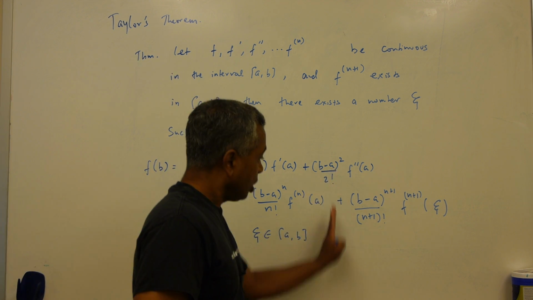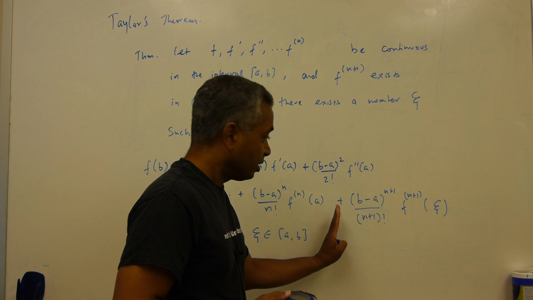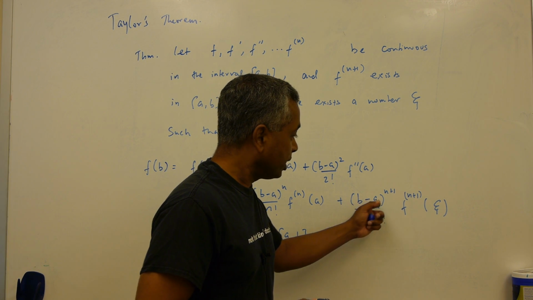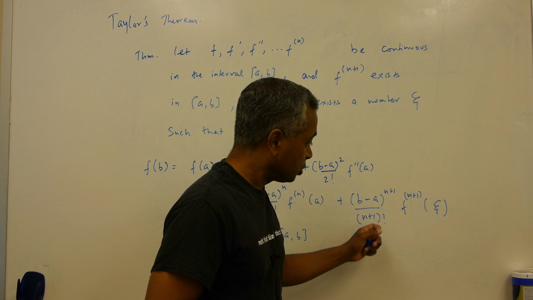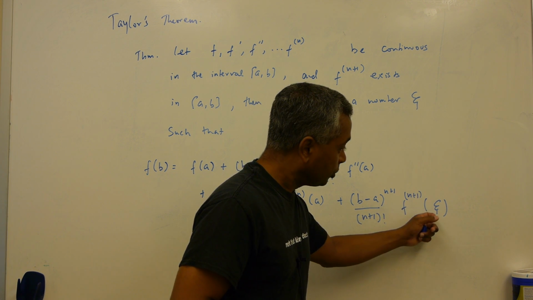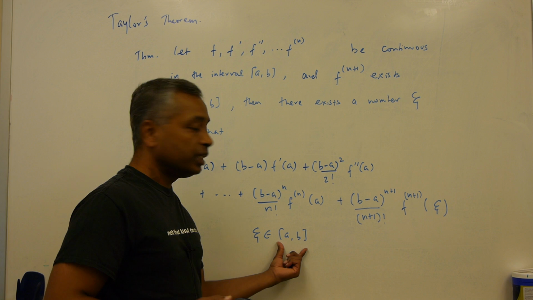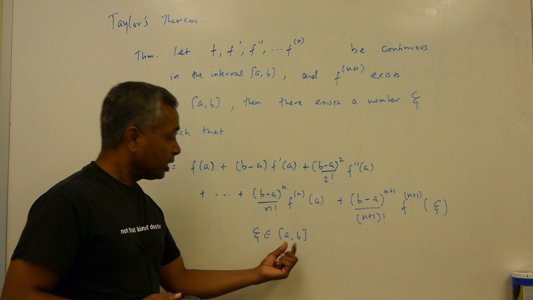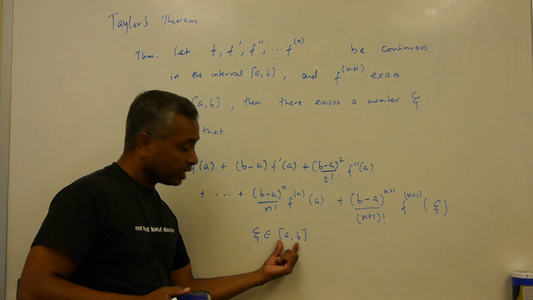But if you were to stop this in a finite approximation, then you have a residual error term, which is b minus a to the power n plus 1 divided by n plus 1 factorial times the n plus first derivative of f computed at some point in this interval. Okay, so I haven't told you what this point is, but that it exists within this interval.